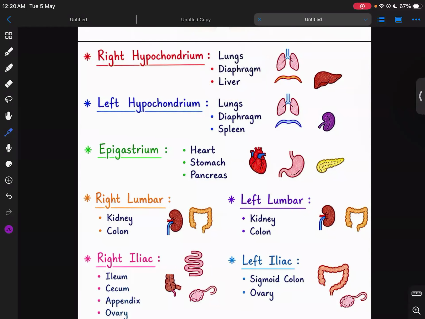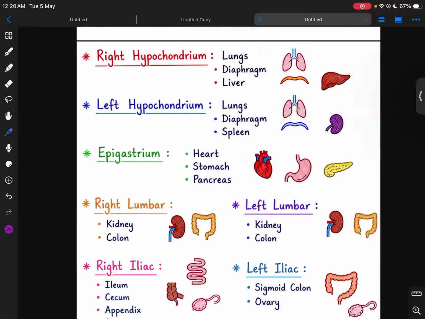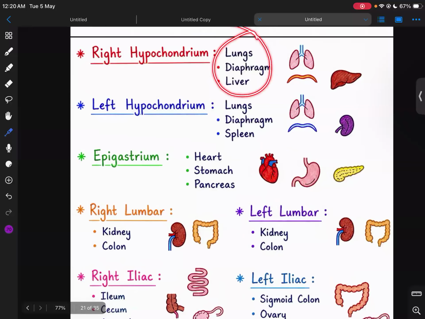But that does not mean that for passing the PACES exam, you have to know all the pathology for these organs. You have to use your sense. Lung and diaphragm pathology will never be given in the PACES exam because diaphragm pathology is a surgical case. Anyone having a road traffic accident or major trauma is going to have some diaphragmatic tear.